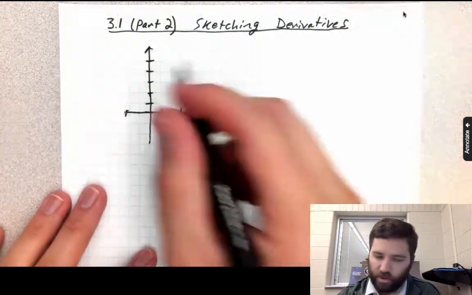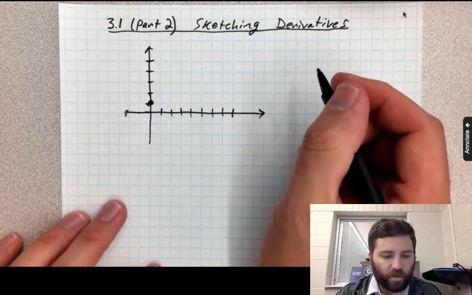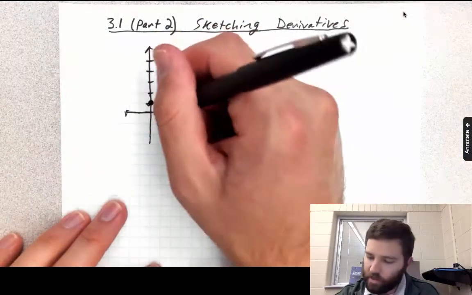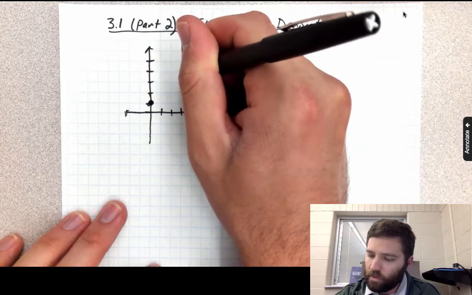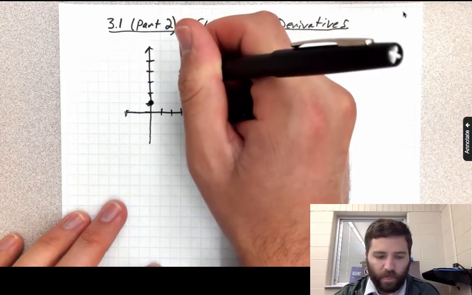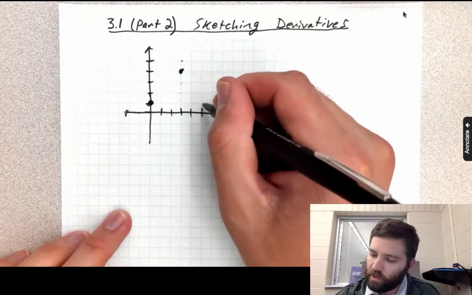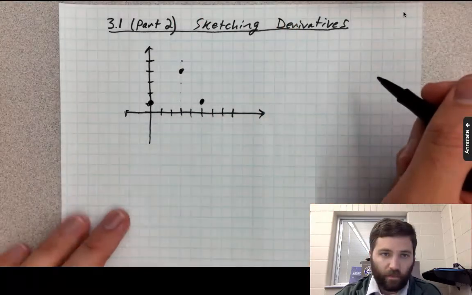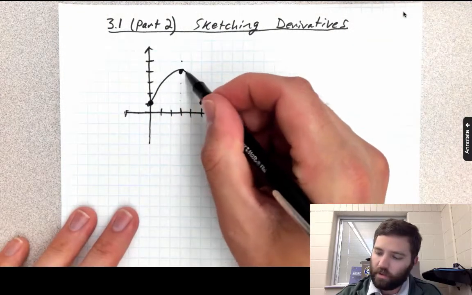And so we'll start this function at 0, 1. It's going to go up to about 3, 4, so over 3 and up 4. And then we're going to have a minimum at 5, 1. So 3, 4, 5, 1. And then the graph is going to do something like this.